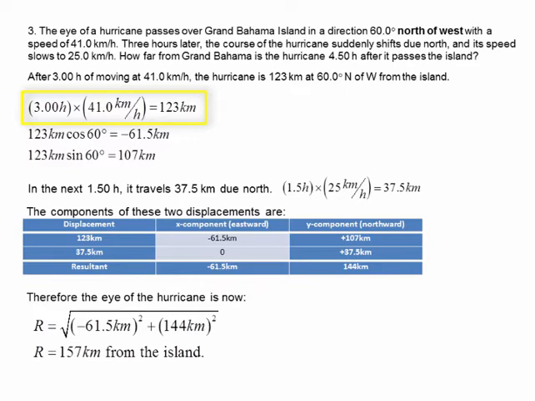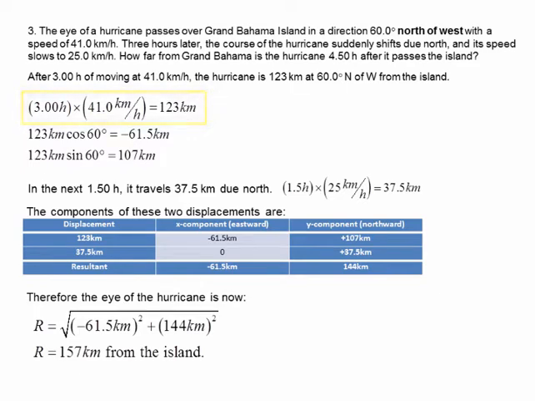So 3 hours times 41 kilometers per hour gives us a magnitude of 123 kilometers of distance that the hurricane has moved in that period.